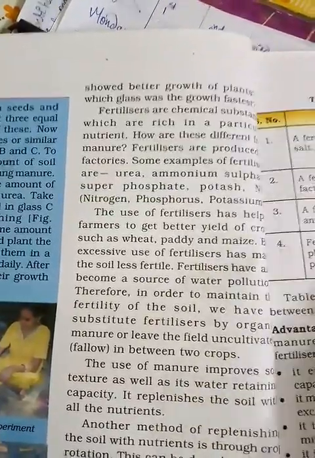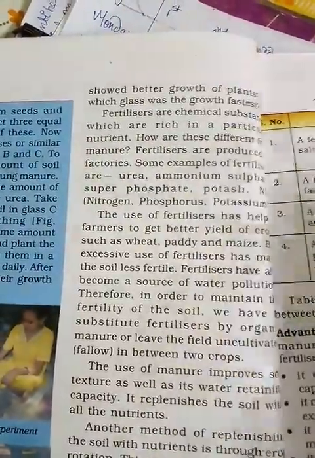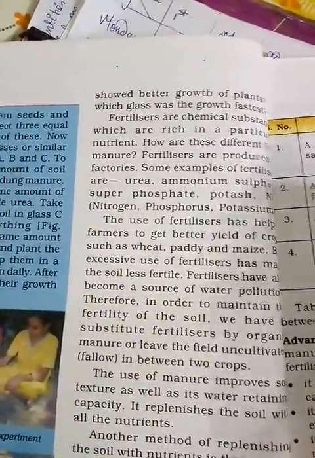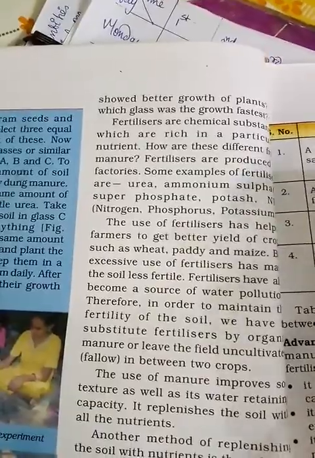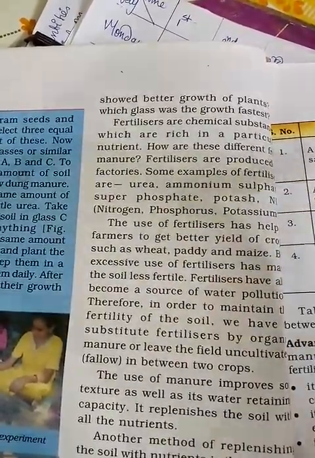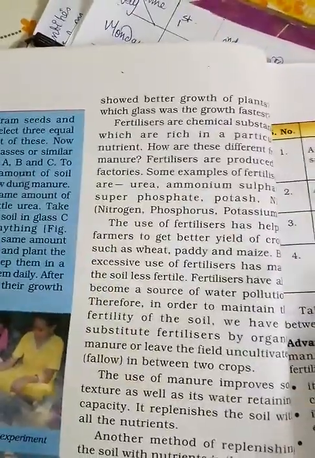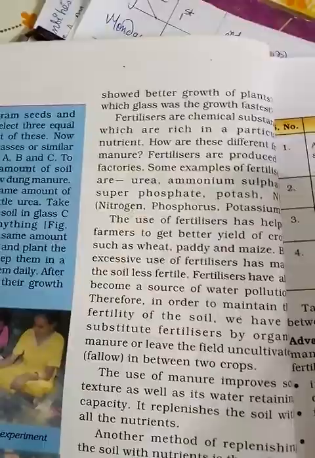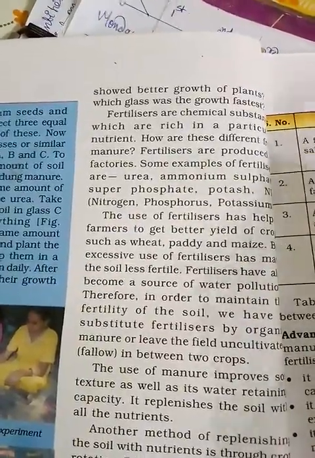But whether it is manure or fertilizer, we have to use it in a proper amount, because if we use it in an unknown quantity, the plants may not be of good health, and the soil also loses its fertility.